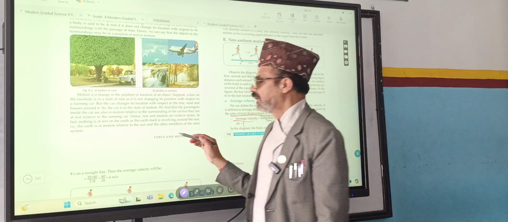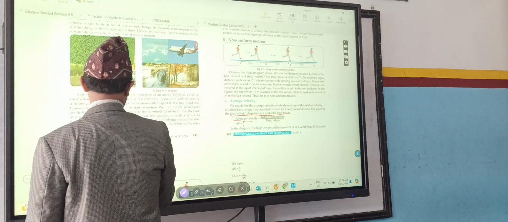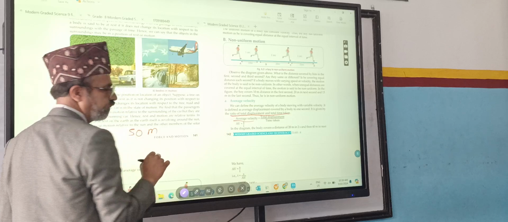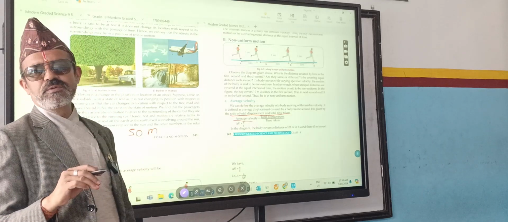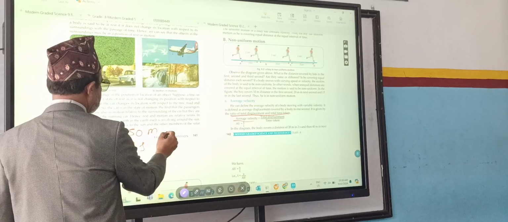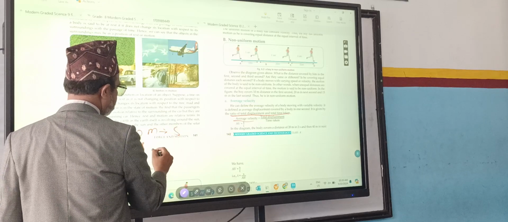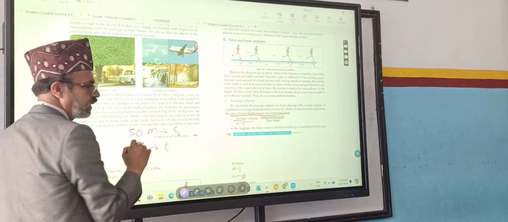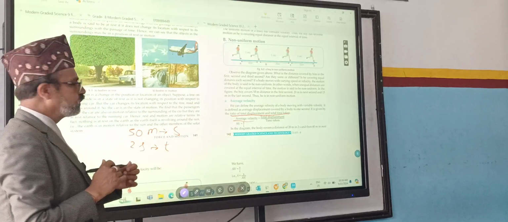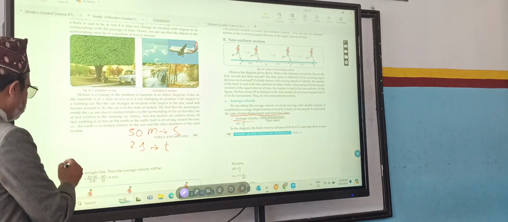For example, here is Susan. Susan travels 50 meter in 2 seconds. This is distance or displacement, this is time. If Susan traveled 50 meter in 2 seconds, then what is the average velocity?